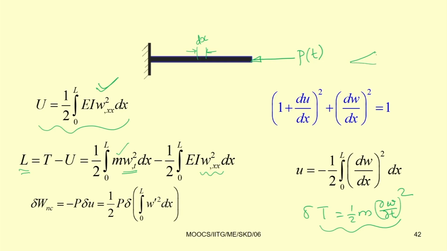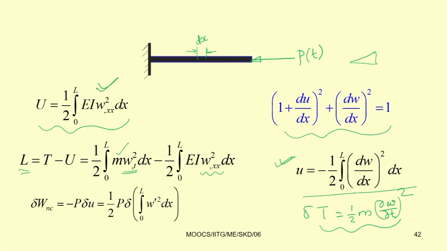You can find the inextensibility condition by using this expression: (1 plus del u by del x) whole square plus (del w by del x) whole square equal to 1. From this, you can get u, the displacement, in this form: u equal to minus half integration 0 to L (dw by dx) square dx.